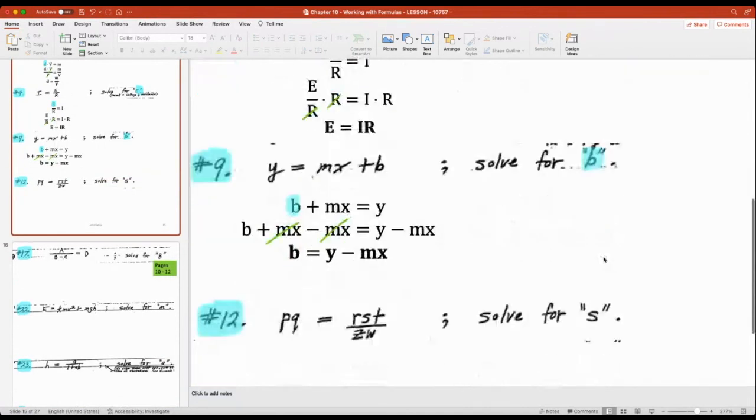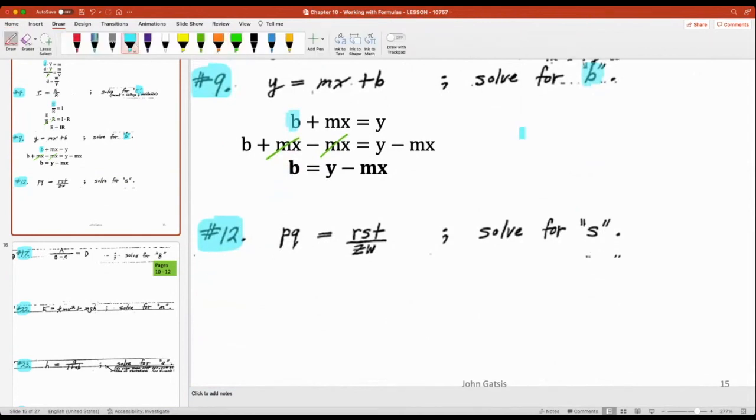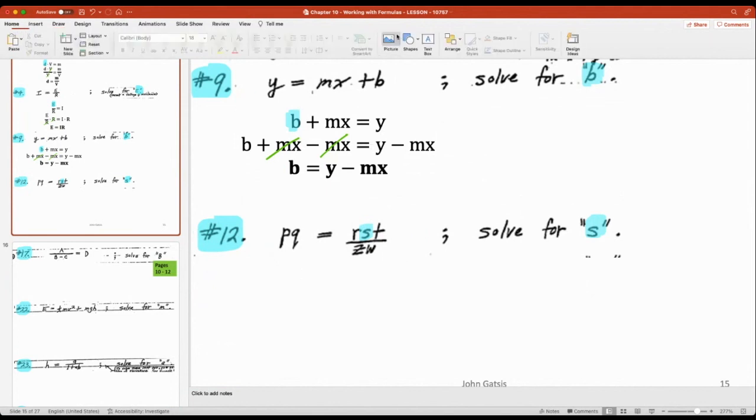All right, the next question, solving for S. So S appears up here, and it's kind of hidden. It's kind of tucked in there. Whenever you have equations like this, where you have a ratio equals a ratio, or only just fractions on both sides, I would advise you to cross multiply.